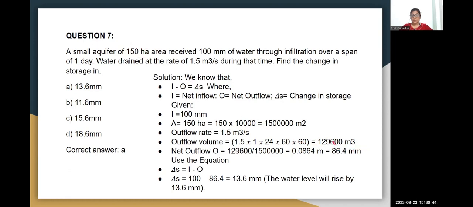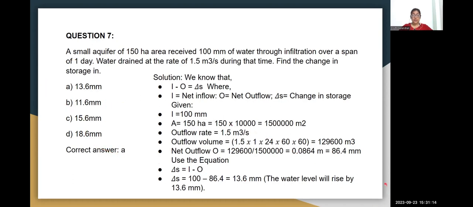So we will divide this 129,600 by the area in meter square we have got. Meter cube by meter square will give meters, which is equal to 0.0864 meters. Converting this to millimeters, we get 86.4 millimeter. Then using this equation, inflow 100 minus outflow 86.4 is 13.6. So the correct answer is option A.